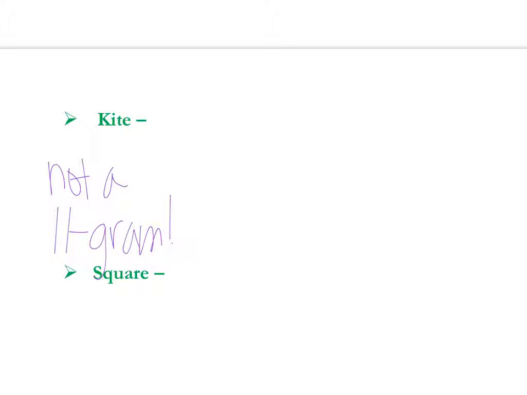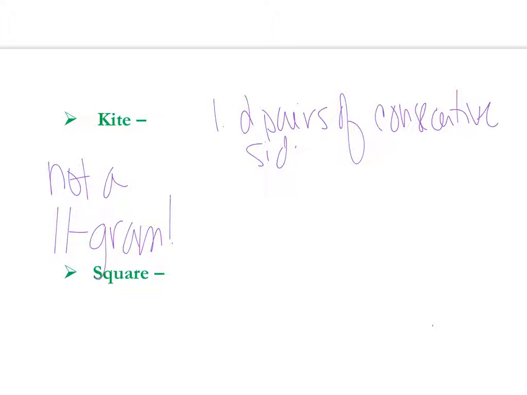The properties are: 2 pairs of consecutive sides are congruent. Another way you might hear this is disjointed sides are congruent, which once again we'll explain more about with the diagrams on Monday.